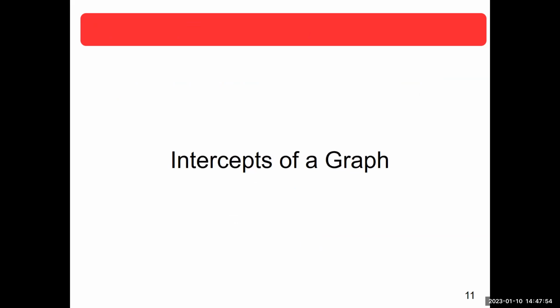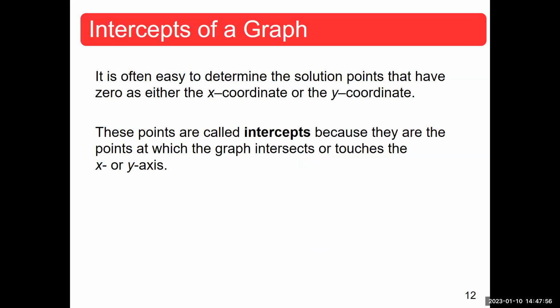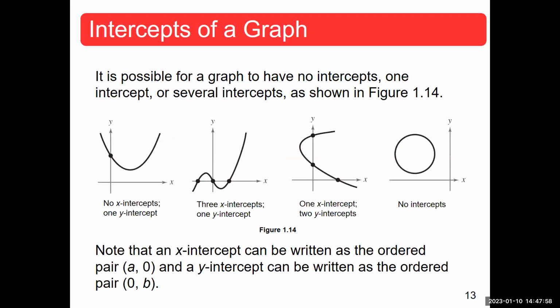Intercept of a graph, we already talked about it. We have x-intercept, y-intercept. And you can see here, like an example, this graph is a parabola or second order. This one has one y-intercept.